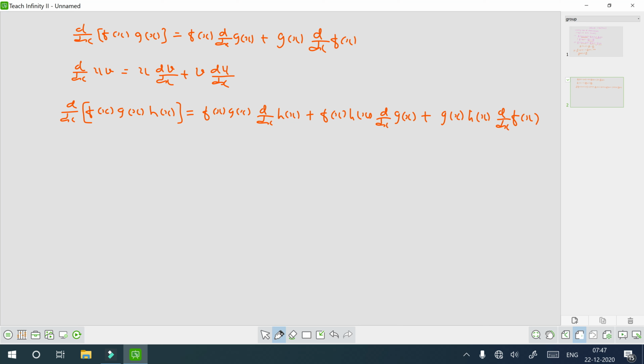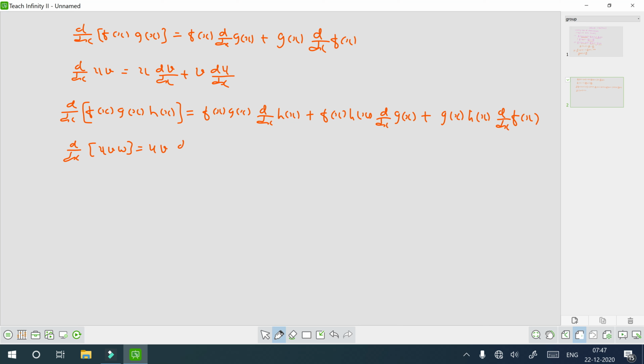Same way you can write for product of more functions also. But in routine application, we are going to use up to product of three functions. More than three functions are given to us, then we are going to see later on. Another way is also possible to differentiate whenever more than three functions are given to us.